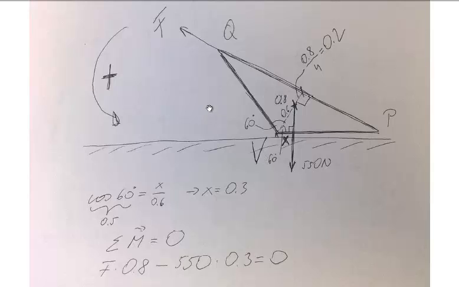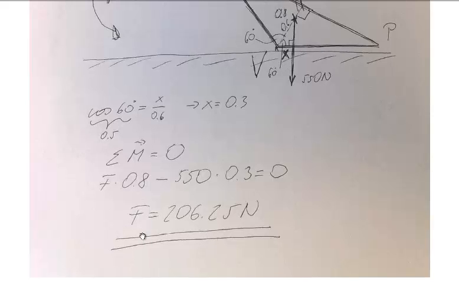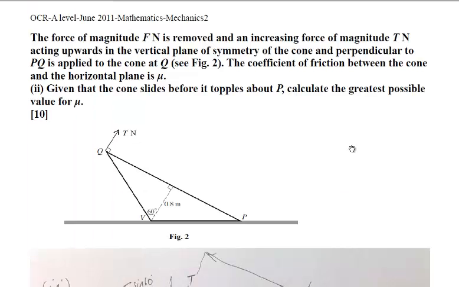So F times 0.8 minus 550 times x is equal to 0. So F is equal to 206.25 newtons.